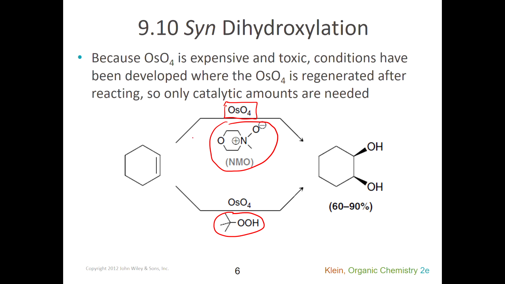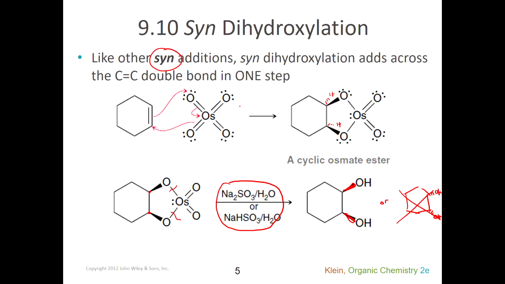So normally I would need 1 mole of this for every 1 mole of this, because this installs the 2 oxygens on the ring. But once the osmium tetroxide does that and then is removed, it has become reduced and it can't react anymore. It's only reactive in this fully oxidized state.